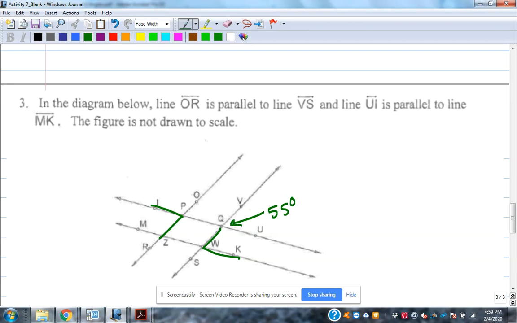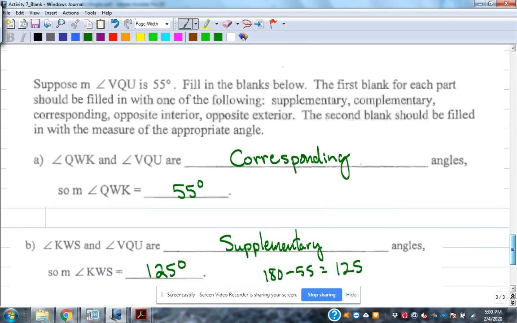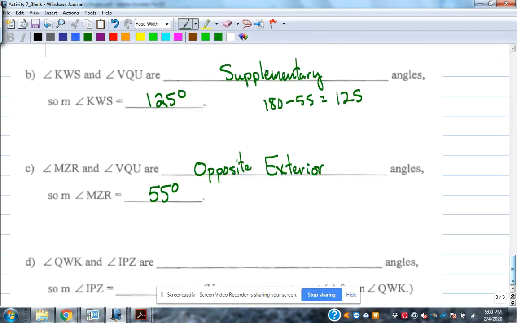So it's kind of a roundabout, but they're corresponding angles. I'd say corresponding would be the right method there, and it should be 55 out of that.